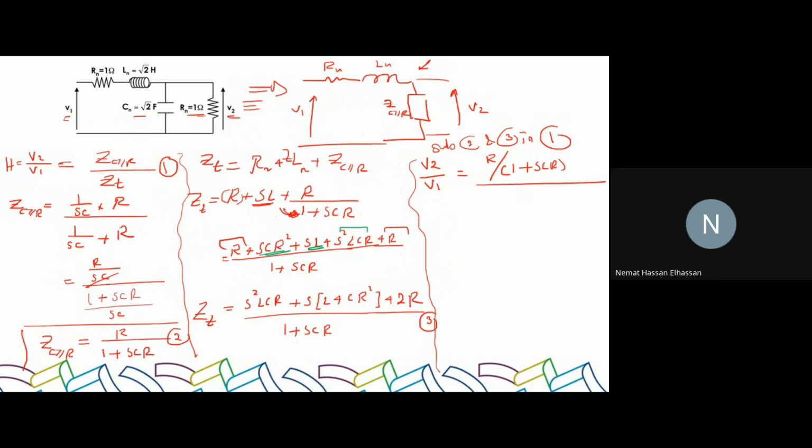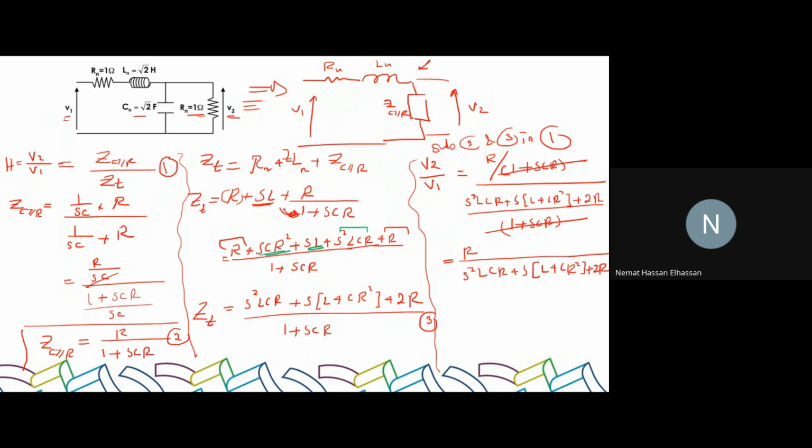Divided by Z total, which is S squared LCR plus S times L plus CR squared plus 2R, all divided by 1 plus SCR, right? These two cancel each other out, correct? And what do I have left? R divided by S squared LCR plus S L plus CR squared plus 2R.